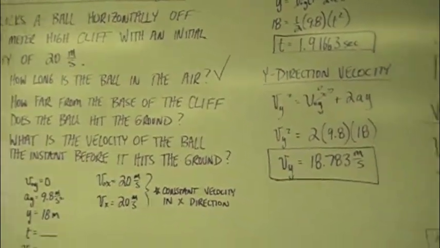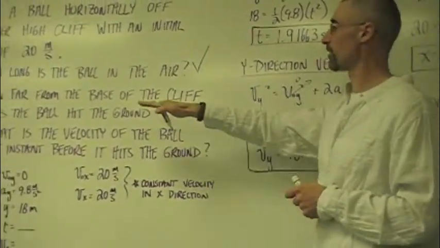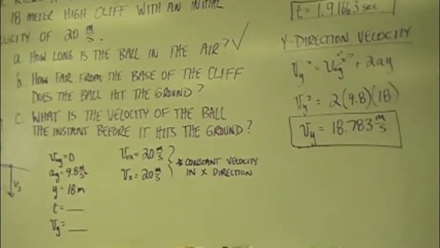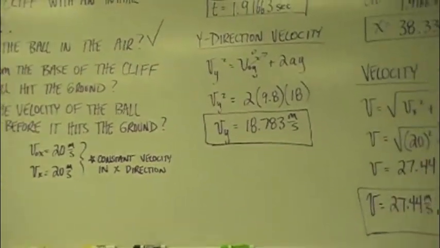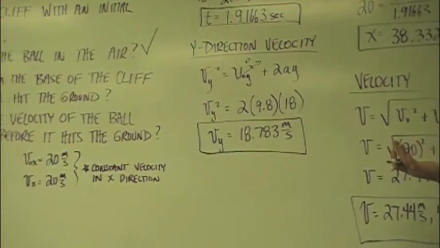Okay. Now question B. It says how far from the base of the cliff does the ball hit the ground? Well, this is easy, guys. Super easy, because in the X direction, it's always going what? 20.